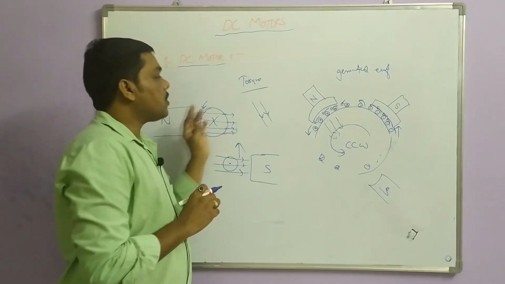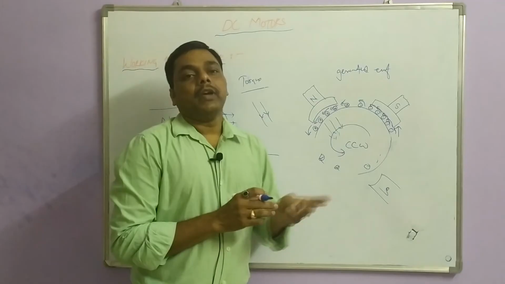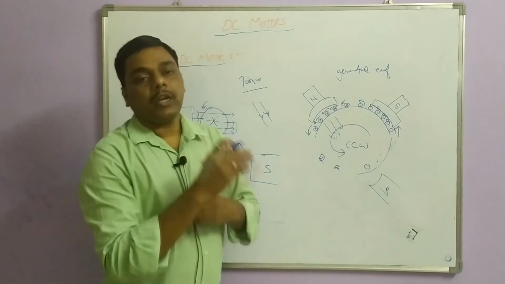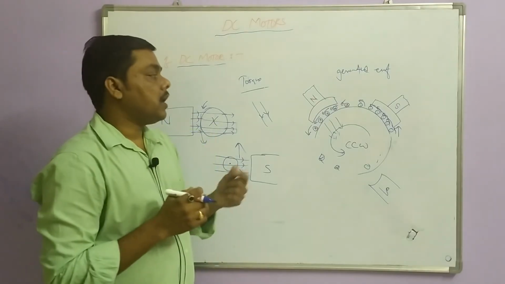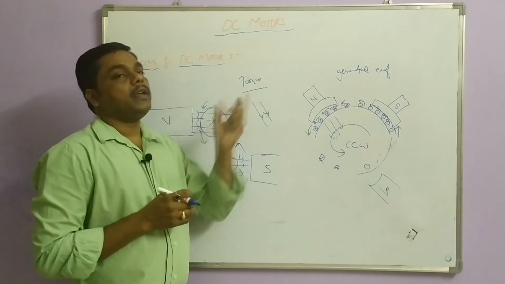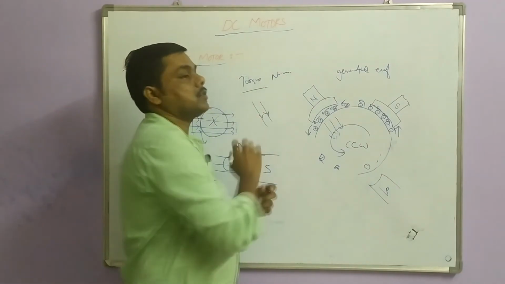So the output of your DC motor is mechanical. You connect a load to a shaft extension of this motor, so that the mechanical load is driven by the DC motor. That's why the output of a DC motor is a torque measured in Newton meters.